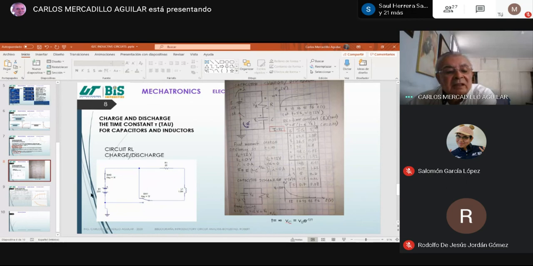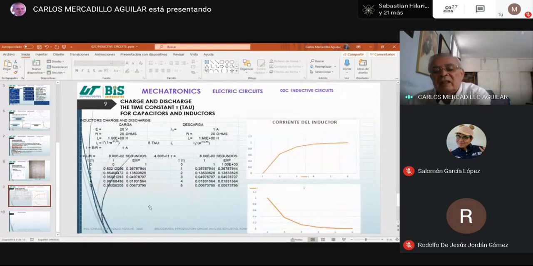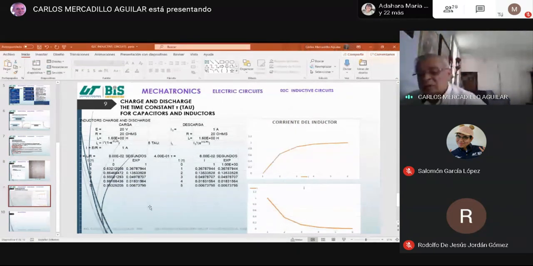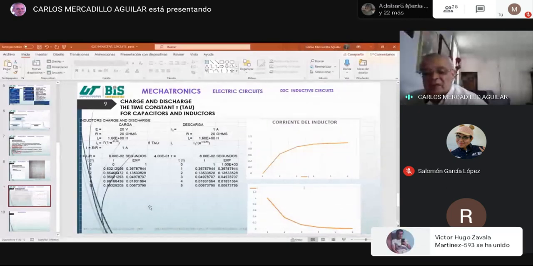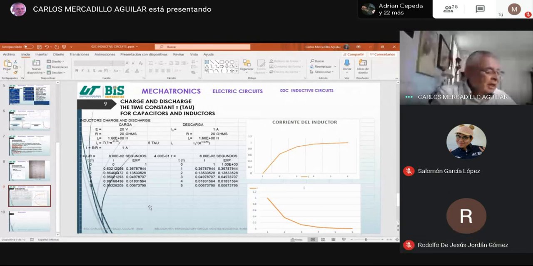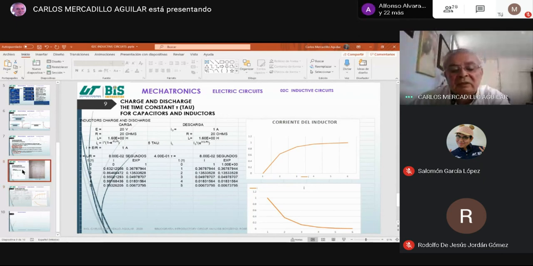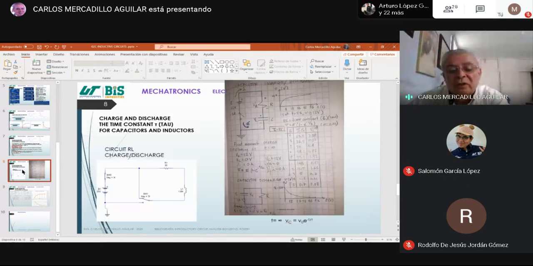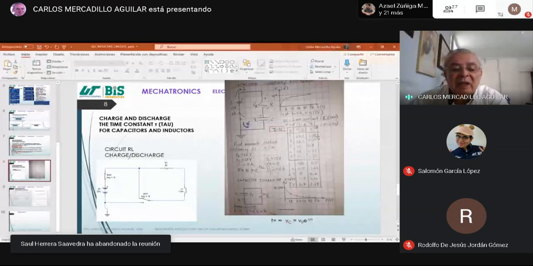But let's see how I made the simulation in Excel, because I am having some problems now with LiveWire. I cannot connect the oscilloscope here. I want to connect an oscilloscope here to measure the current and show the graph as it's coming, but I cannot make it.